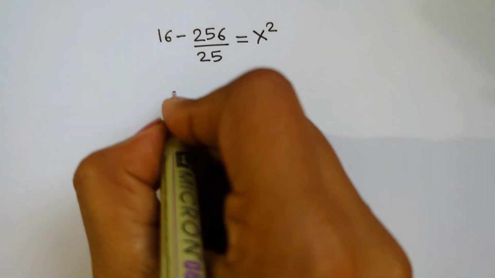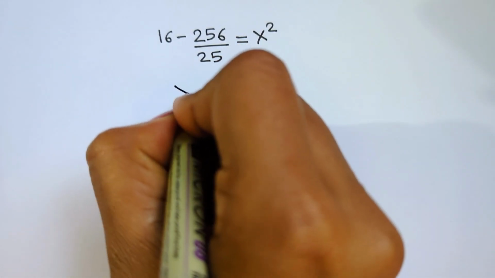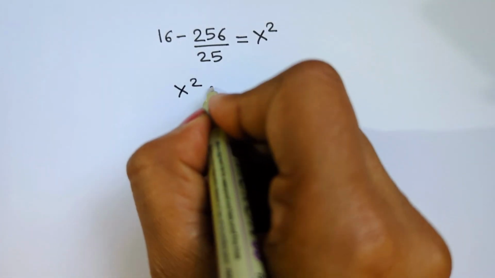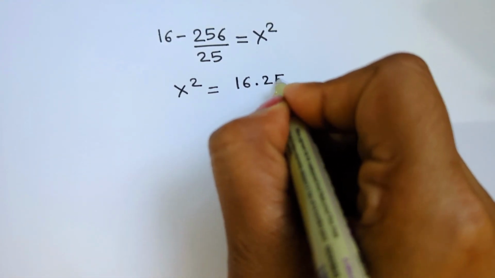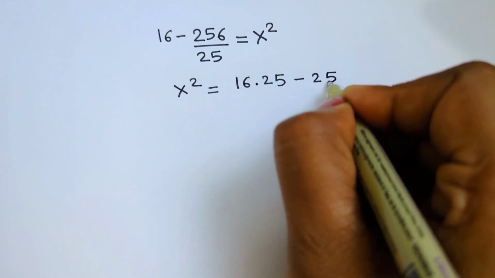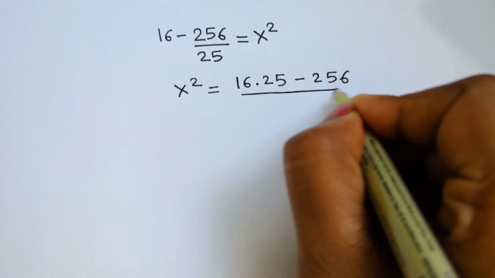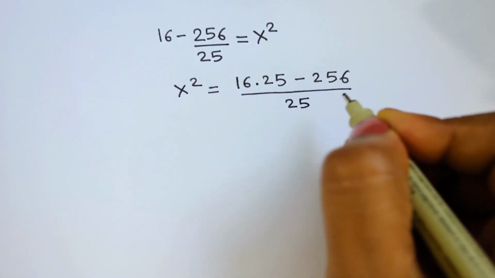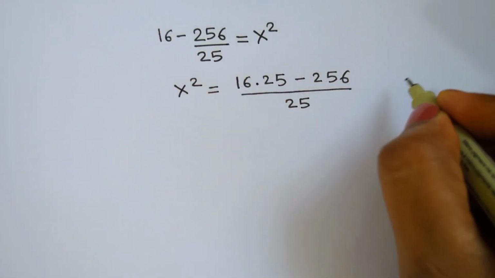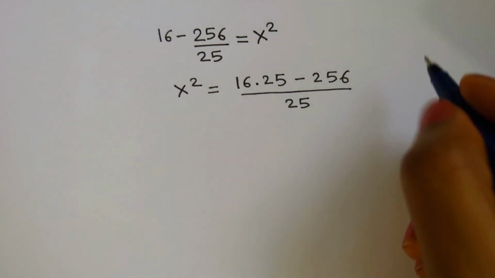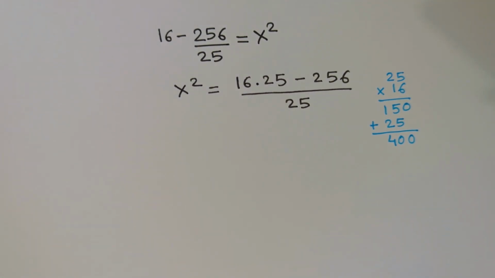Let's bring this 25 to the numerator so that we will have a common denominator. So x square is equal to 16 into 25 minus 256, divided by 25. Now the multiplication of 16 into 25 would be 400.